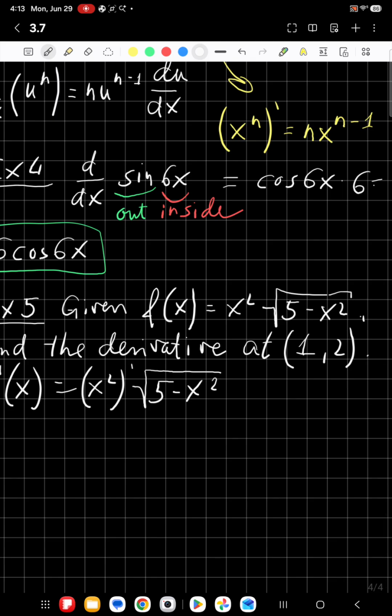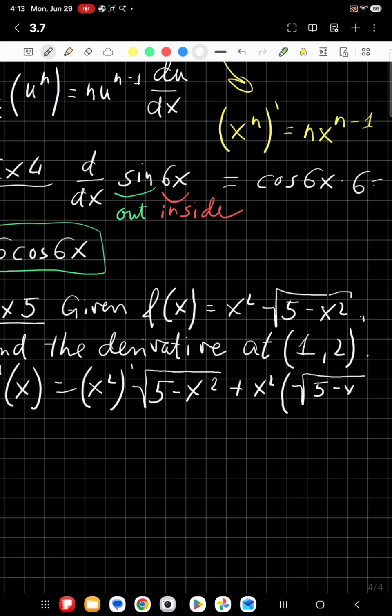Then plus the first expression unchanged, and now I need to do the derivative of that radical, 5 minus x squared.